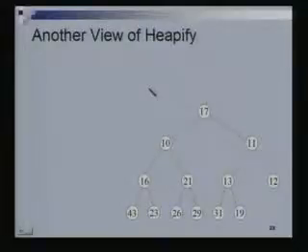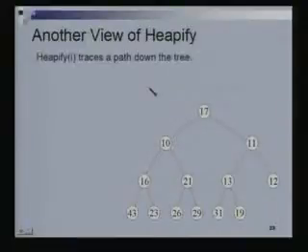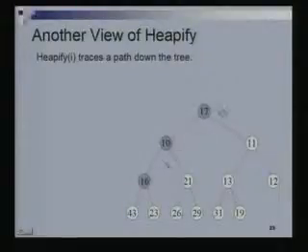So once again we'll present a second view of heapify which will help us prove the correctness of heapify very easily. Heapify essentially is tracing a path down the tree. In our previous example, this path was these blue colored nodes. These were the nodes whose contents we modified.